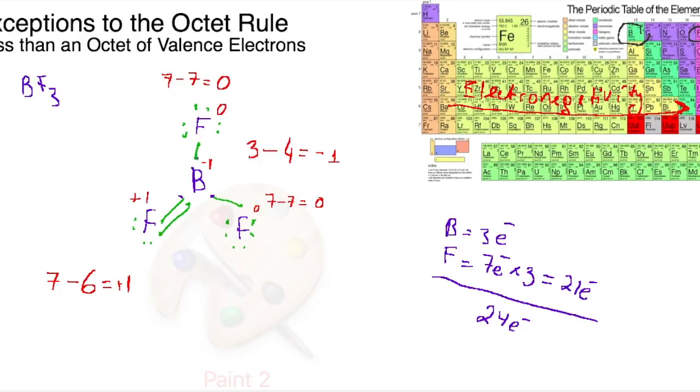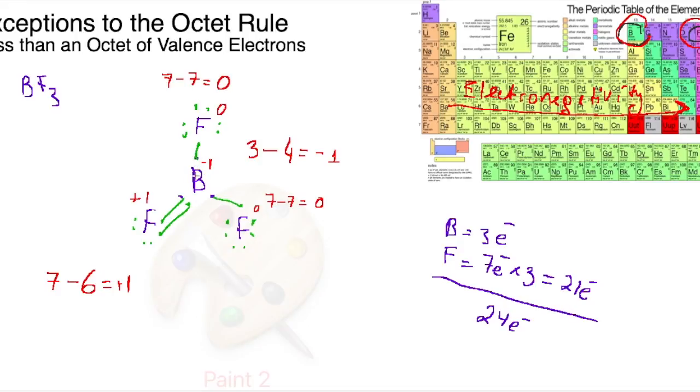So technically, fluoride over here has to be more electronegative than boron. But as you can see, in this case it's the opposite. Fluoride is the one that has a positive charge, and boron is the one that has a negative charge. So this is not a very favorable structure because it does not follow the electronegativity rule.